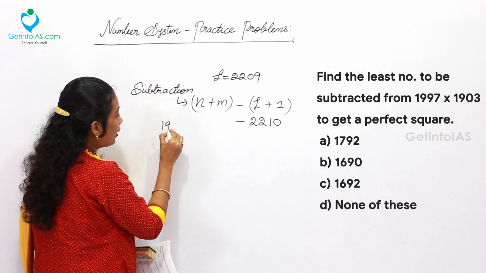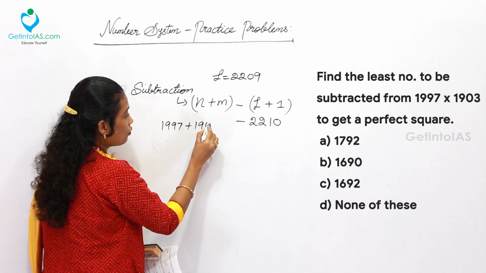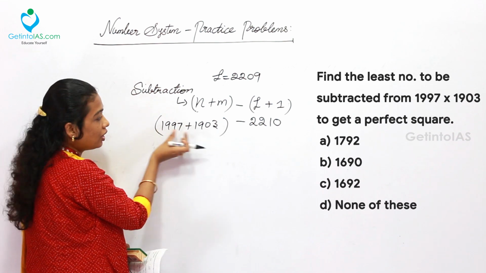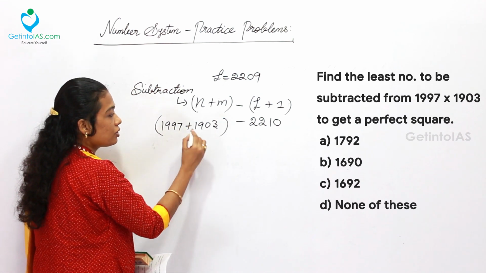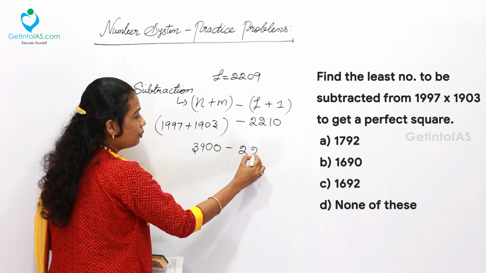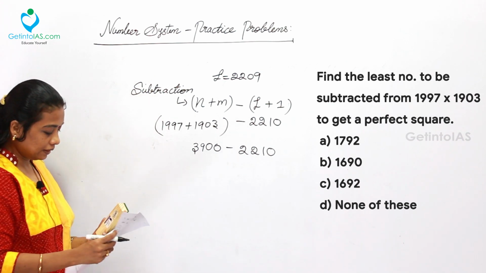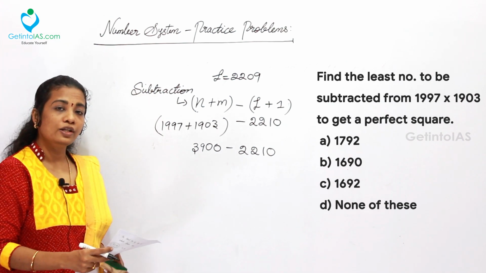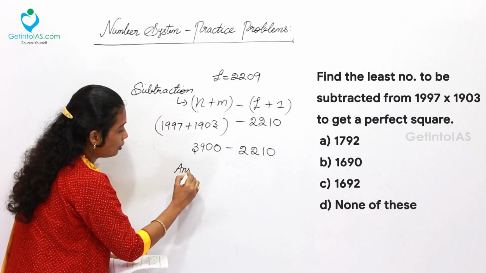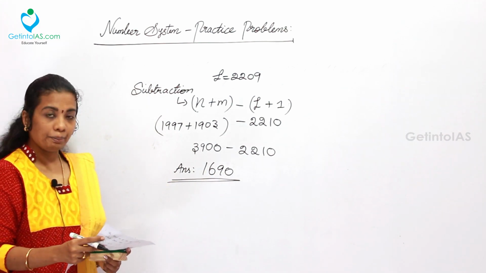Which is 1997 into 1903, which was given in the question. Simply you can add up. So here 1997 plus 3, 2000 plus 1900, 3900 minus 2210. So what is the result over here? So finally the result is 1690, which is actually given in the option B. So answer for this is 1690, which is given in the option B.